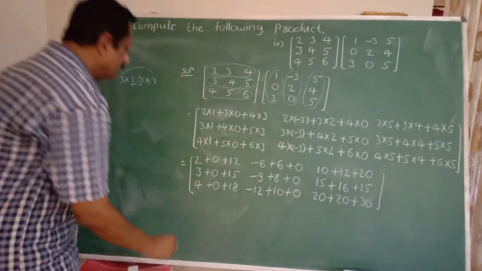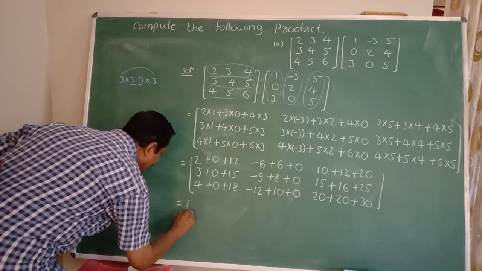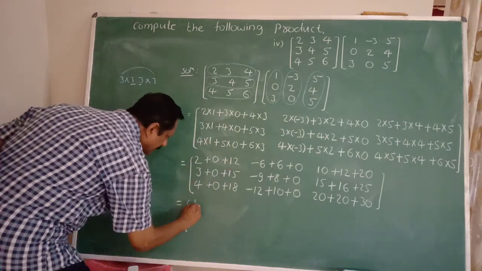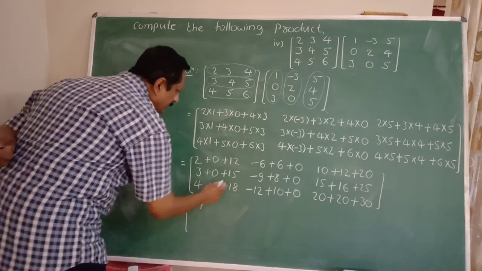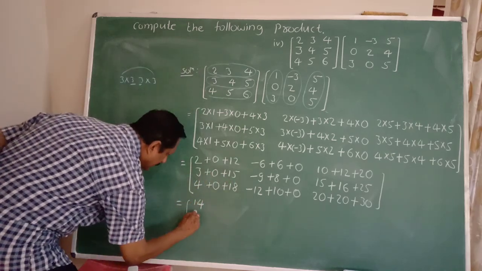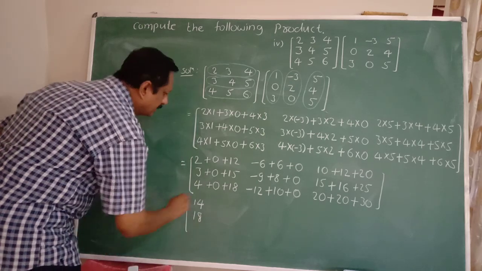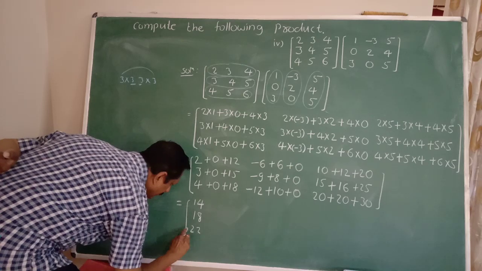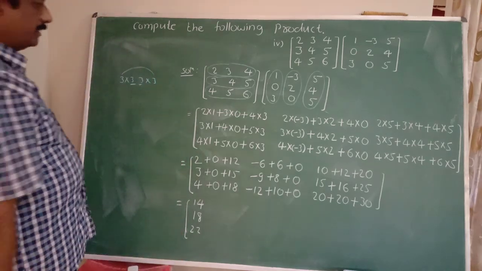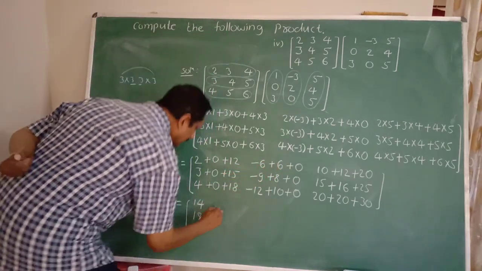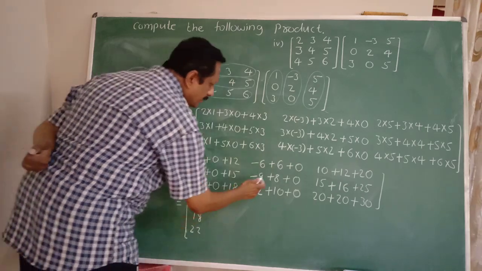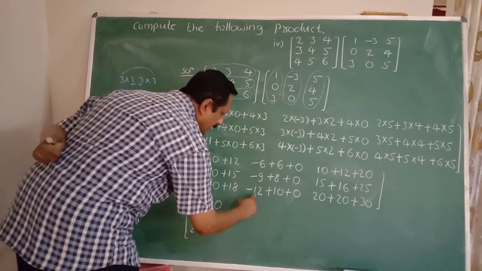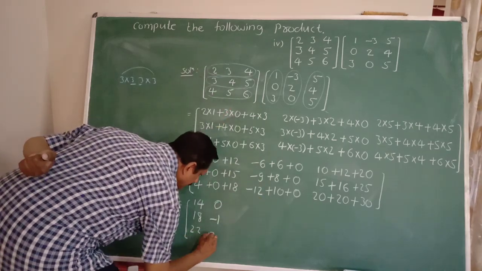Okay, then this is equal to the matrix here. 12 plus 2 becomes 14. 15 plus 3 is 18, plus 18. 18 plus 4, 22. Minus 6 plus 6 cancel, it is 0. Minus 9 plus 8, minus 1. Minus 12 plus 10, it is minus 2.